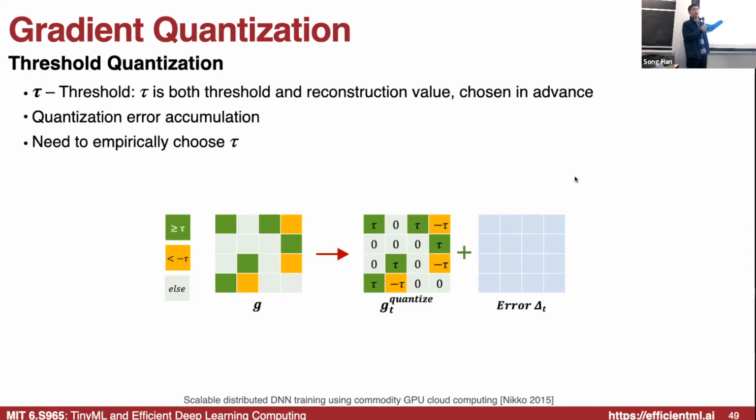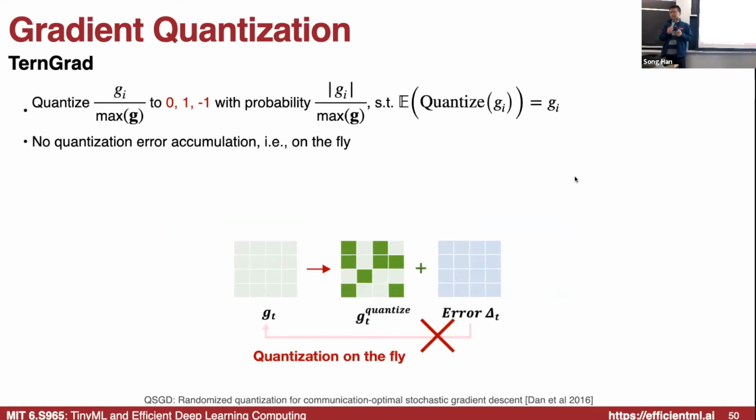Everything larger than tau is in green, everything smaller than -tau is in yellow, and something in between is in white. So we'll have these three values: tau, 0, and -tau. Again, we can have this error matrix accumulated for the next iteration.